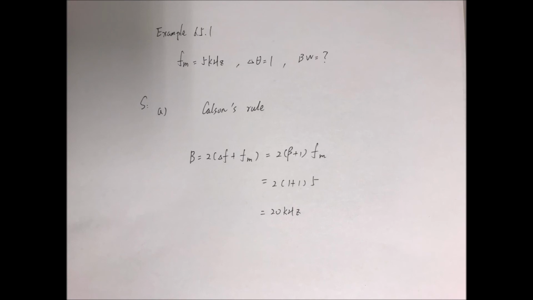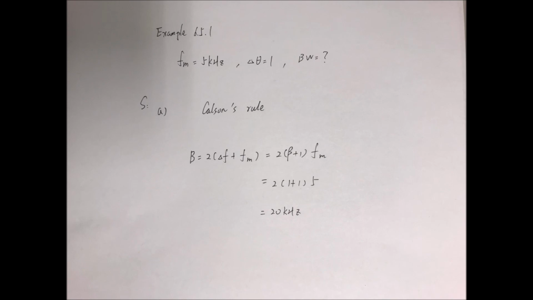So we know delta theta is 1. Now we want to calculate the bandwidth of the signal. What is my bandwidth? A, by using Carson's rule. B, use the definition of significant sideband.